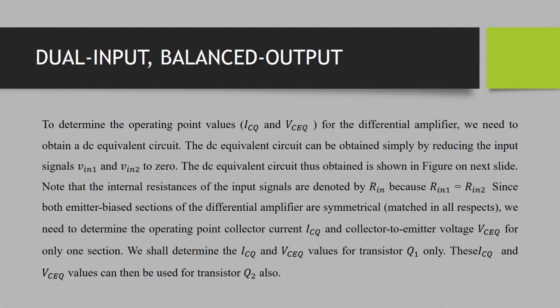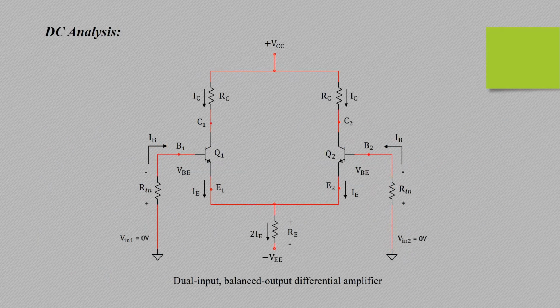So the internal resistance of input are denoted by Rin. Since both emitter bias sections are symmetrical, we need to determine the operating point for one section, and that can be used for the other section. So this is the equivalent circuit for dual input balanced output differential amplifier.